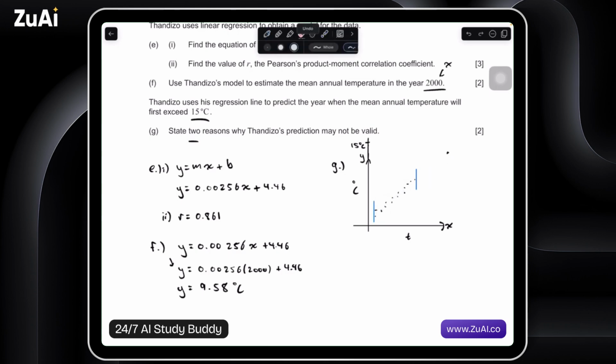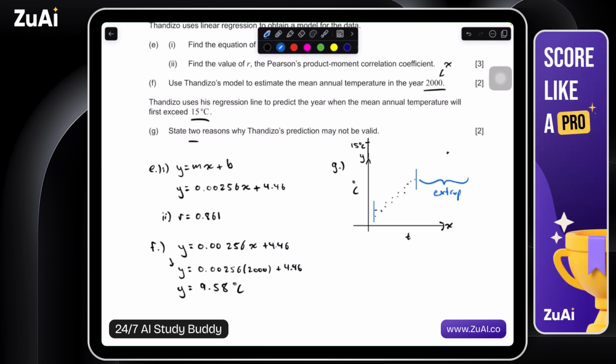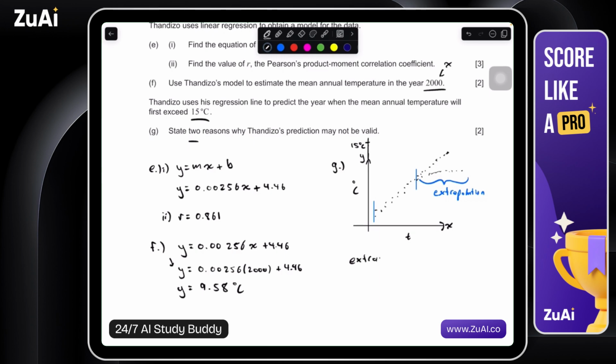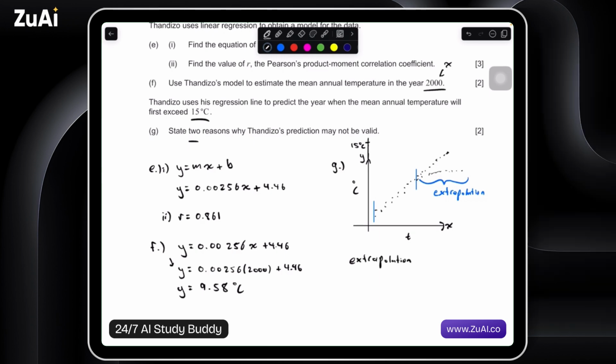So this is something that would not be legitimate. Anything beyond our data set, if we're trying to make a prediction beyond this, is extrapolation. Why is that? Because we don't know if the data is going to continue and it's linear, or if it reaches some kind of asymptote, for example, and just tapers off. So it's not legitimate. There's no guarantee that this trend will continue. So one reason would be extrapolation. That's why it would not be justified.